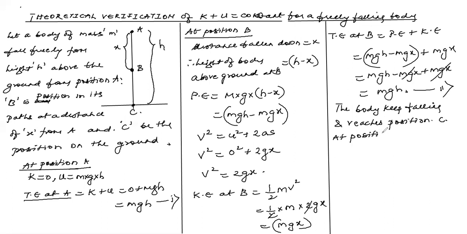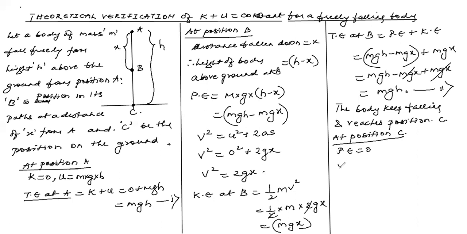Now at position C, what has happened, beta? At position C, the height from the ground has become 0. That means the potential energy becomes 0. But kinetic energy is half mv square, which I would like to find.